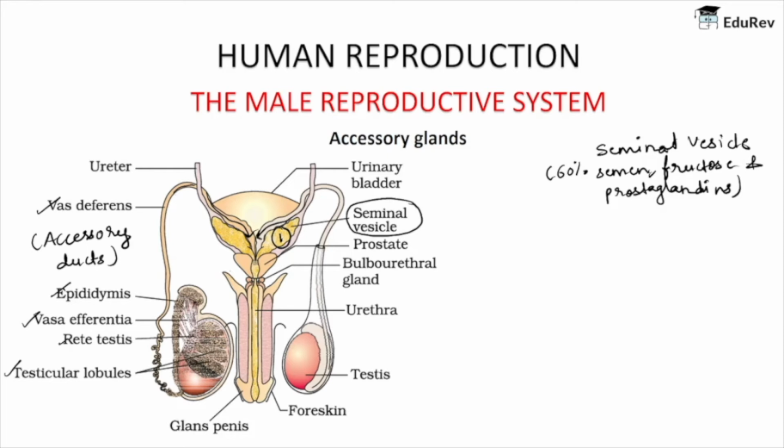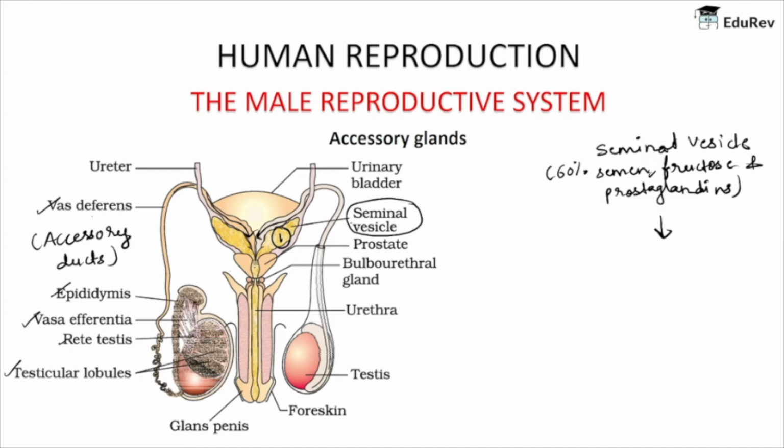Before moving on to the next gland, I would like to add one more point. You see that the vas deferens is coming near to the seminal vesicle. So you can notice that both the vas deferens and the seminal vesicle are opening into a single duct, a single opening. Can you see that?